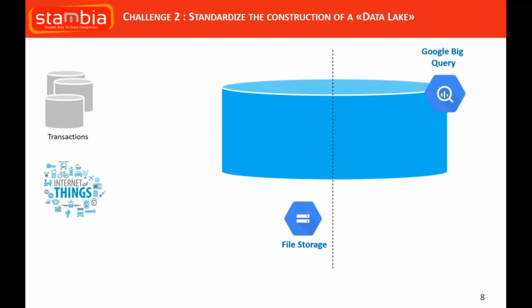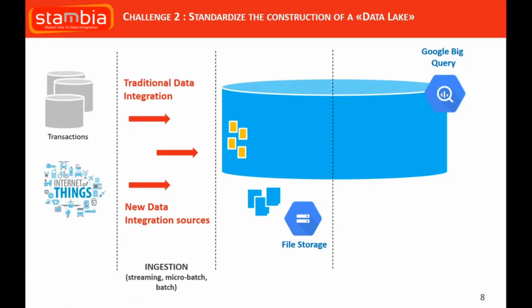The next challenge arises when we think about building a data lake. We can observe three specific phases when we industrialize the construction of a data lake. The first one is the ingestion of the data from all possible manners.